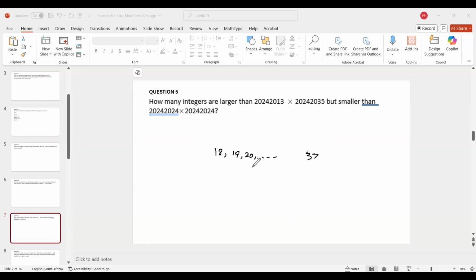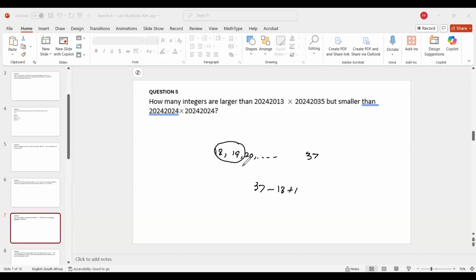If you've got consecutive numbers, how many numbers are in this? The answer is, I've said this before, the answer is not 37 minus 18. You might think it's 37 minus 18, but that can't be, because if I ask you how many numbers are there from 18 to 19, it's not 1, it's 2. See? So you can subtract these, but you must add 1 to it.